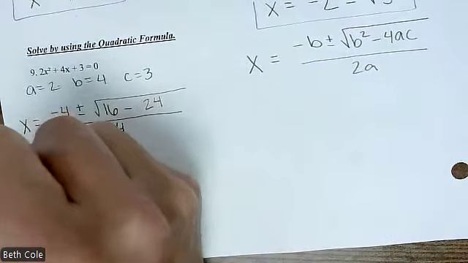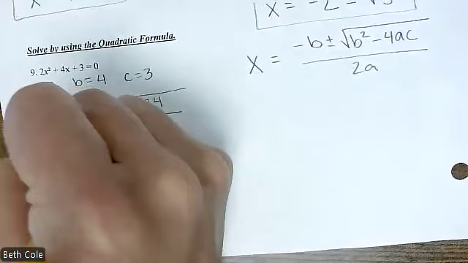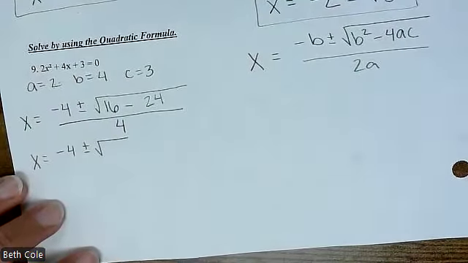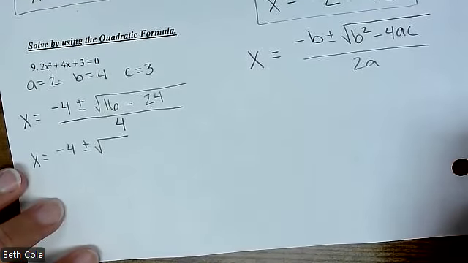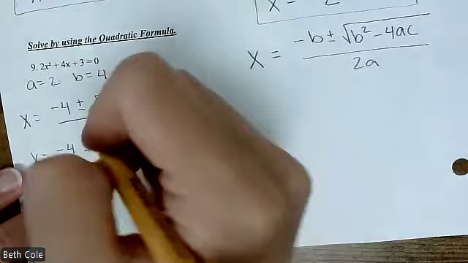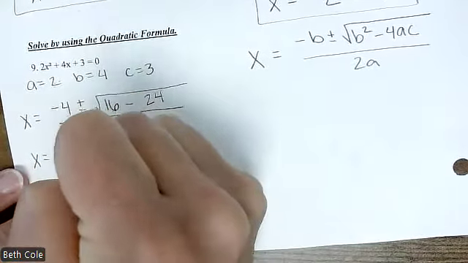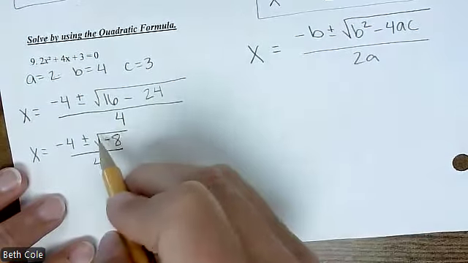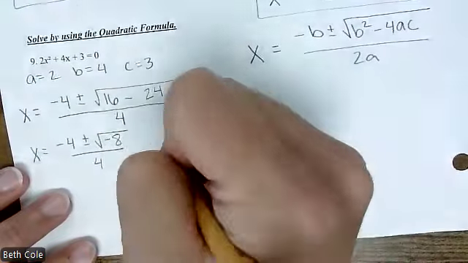And then you just kind of have to boil that down and simplify it. So it's -4 plus and minus square root. What do we get underneath there? 16 take away 24. -8, good. Over 4. Now I'm going to write this off to the side. We have to split up that square root of -8.